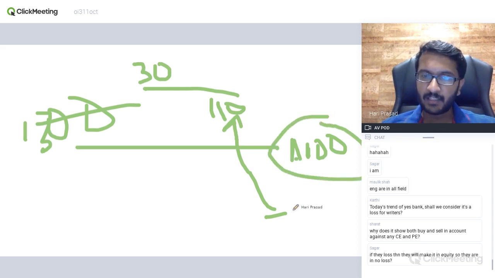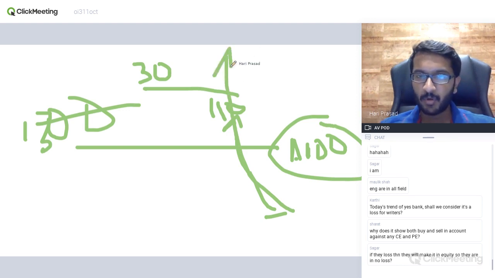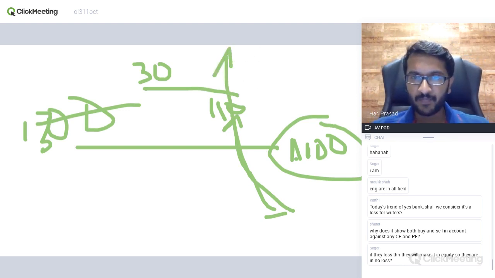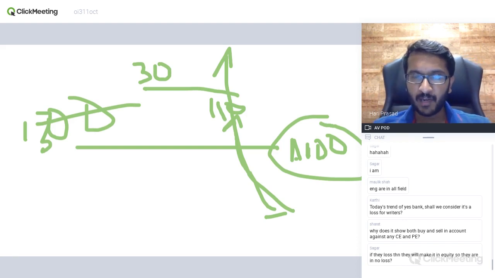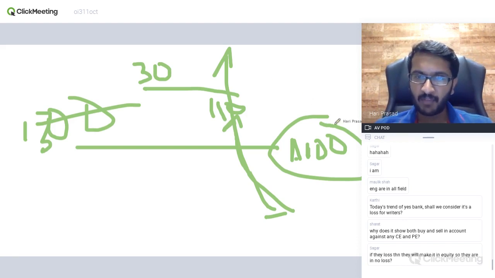So in case the price goes above 110, I told you I'm going into unlimited loss. But if I have this underlying asset, I can... what is a call? Is it an obligation or a right?